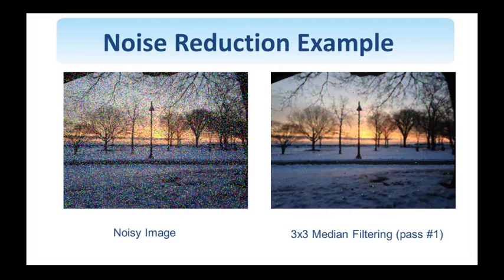So in this particular case, we apply the median filter a second time, and this is the result, further improved, although there are still some impulses around, for example here. And we can apply it one more time, so after the third pass, this is the result. The impulsive noise is almost completely removed.